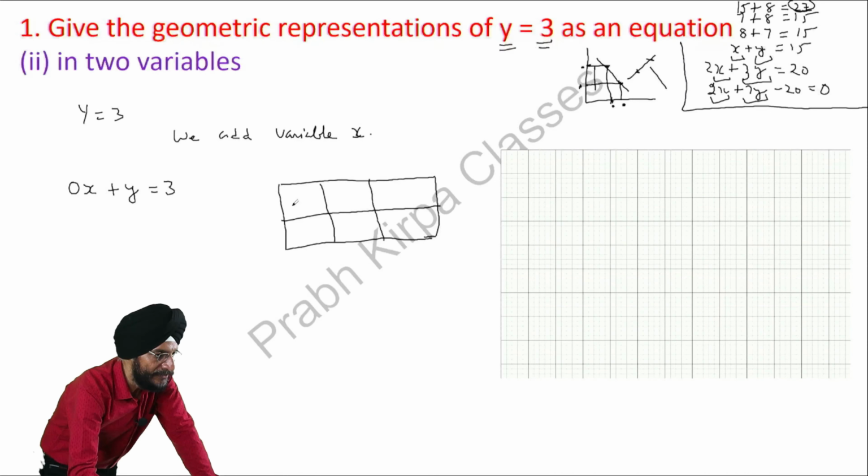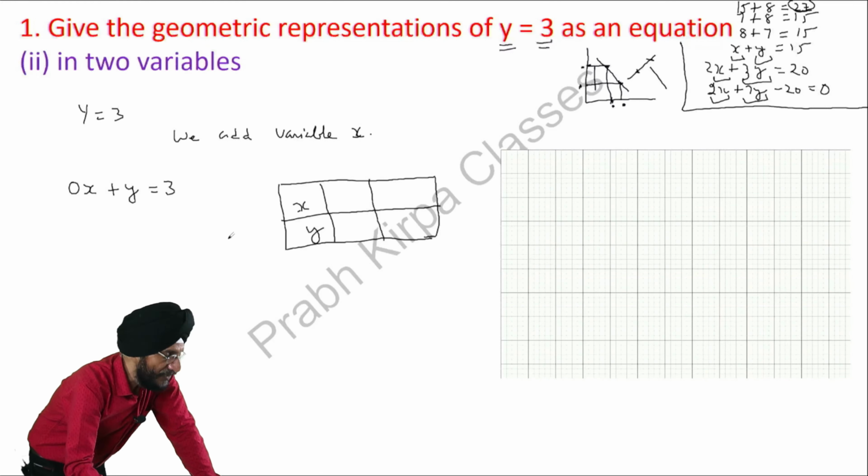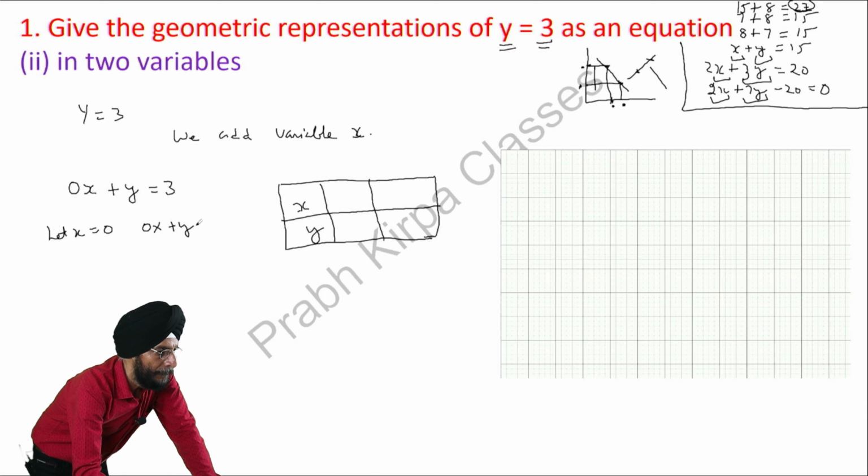Here we write x, here we write y. First of all, let x is equal to 0. When x is equal to 0, then what will happen? 0x plus y is equal to 3, that is, y is equal to 3.